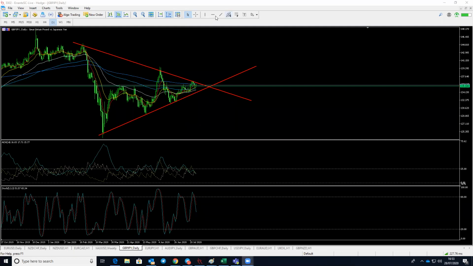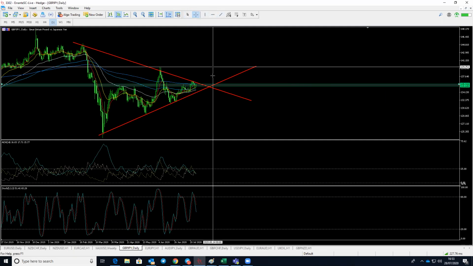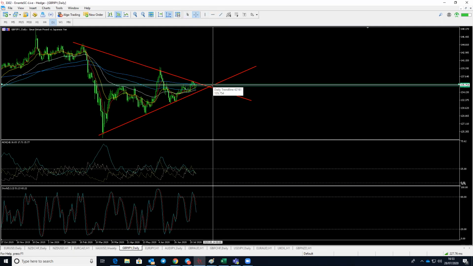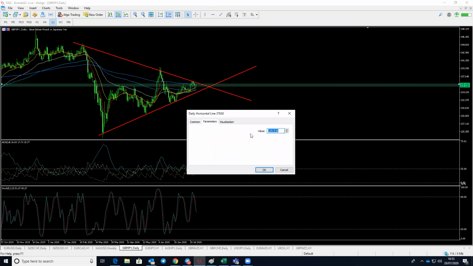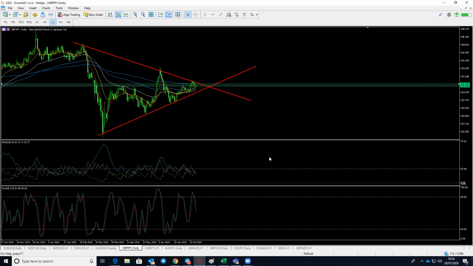The other one is above the current price, 135.80. I'll probably take that a couple of notches higher, so 136.00. There we go. All right, we've got that there.